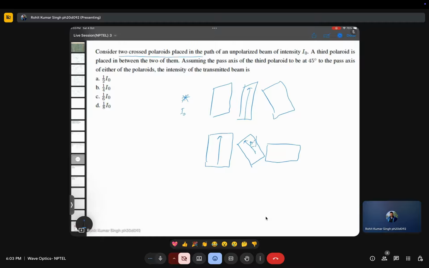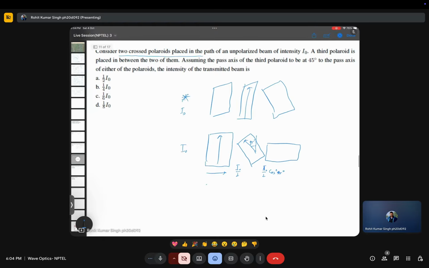Okay, so this is the problem. Now here I naught, when passing through this polarizer, will become I naught by 2, right? And then going here, this I naught by 2 will become I naught by 2 cos square 45 degrees, right?